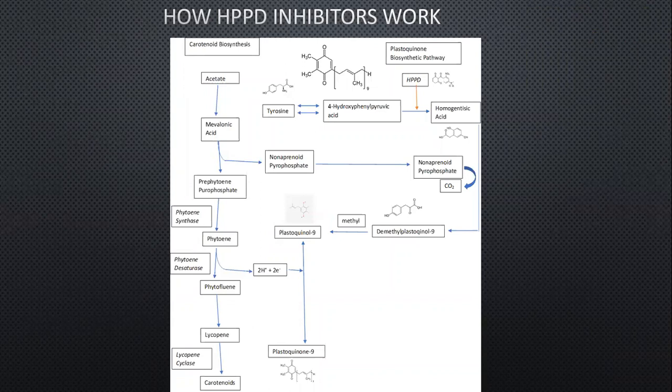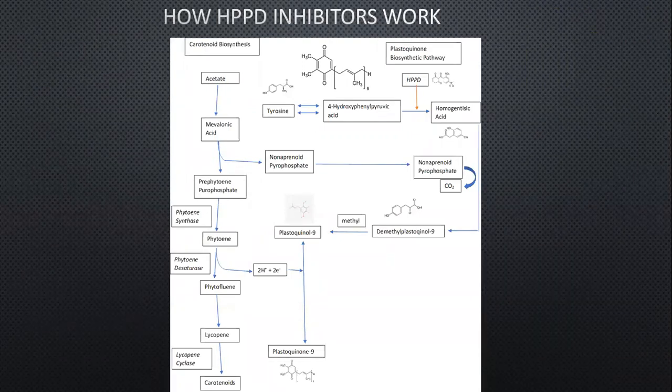And this schematic kind of shows the processes that the HPPD inhibitors affect. So the carotenoid biosynthesis and the plastoquinone biosynthetic pathway are kind of intermingled, where their byproducts help the others' synthesis.